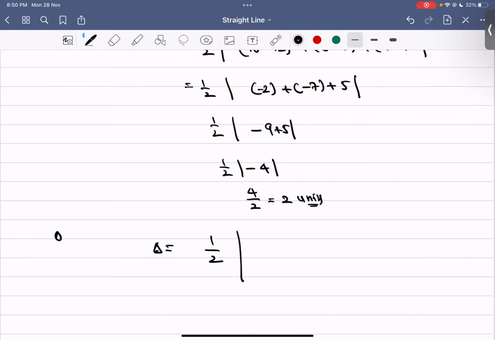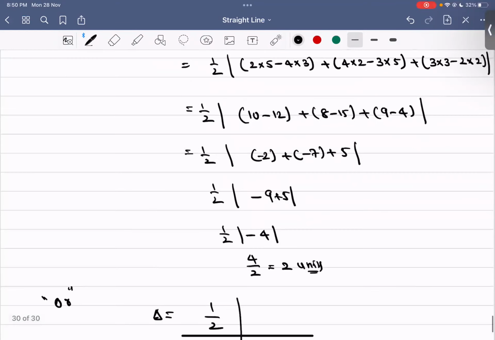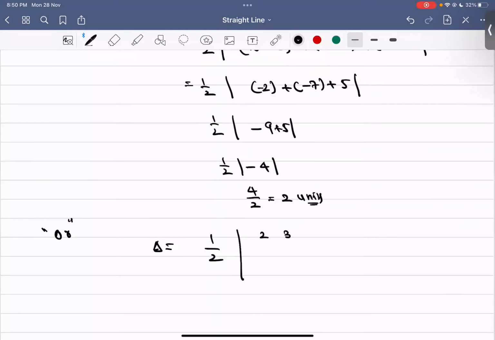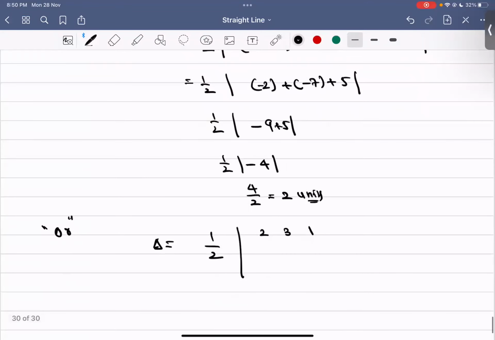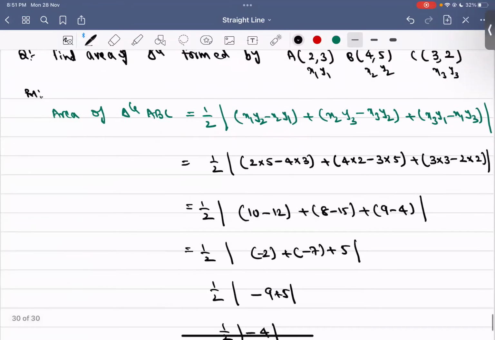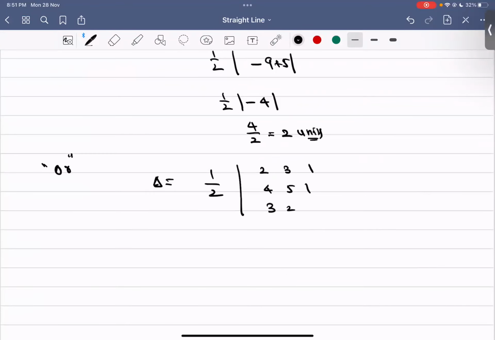Otherwise, method 1, if you use the determinant, delta is equal to 1 by 2 into the determinant with rows x1 y1 1, that is 2 3 1; x2 y2 1, that is 4 5 1; x3 y3 1, that is 3 2 1. I already explained how to find the determinant in the last class. So 1 by 2 as it is.